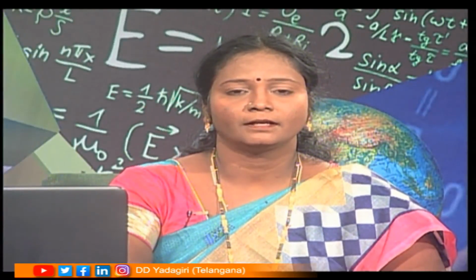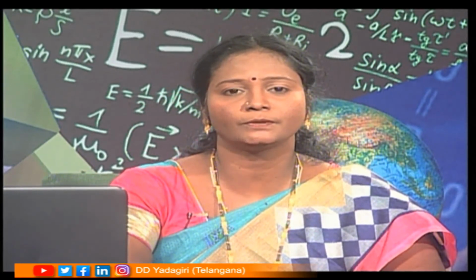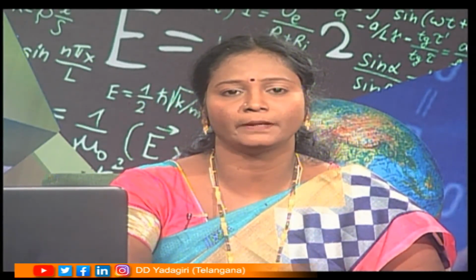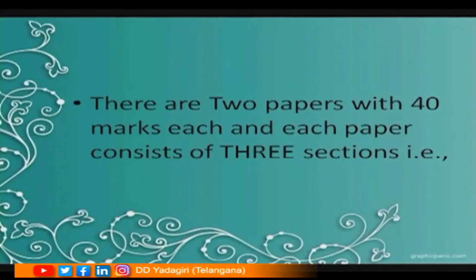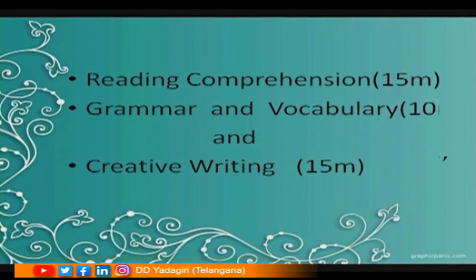Now children, let us make an attempt to know the English paper pattern for paper 1. There are 2 papers with 40 marks each, and each paper consists of 3 sections, that is reading comprehension 15 marks, grammar and vocabulary 10 marks and creative writing 15 marks.